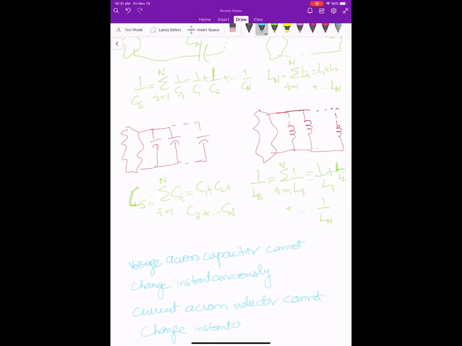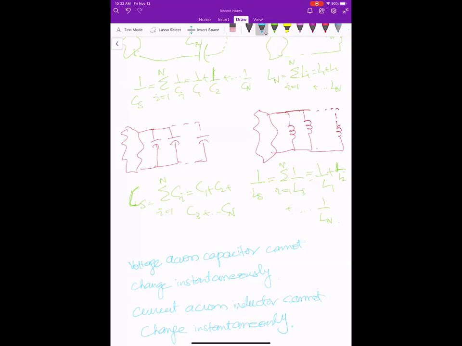Means that they take time to build up the charge across them. So it's not instantaneous that whenever you connect the voltage source, they just quickly develop the voltage across it.